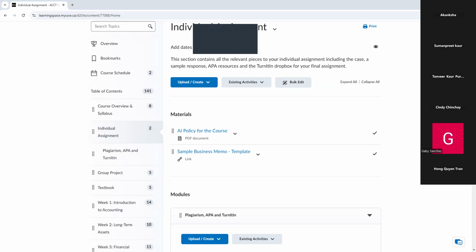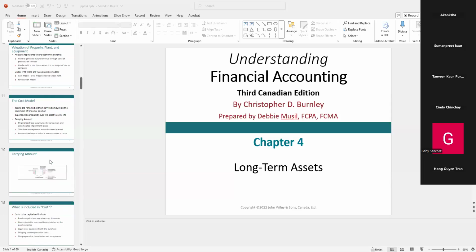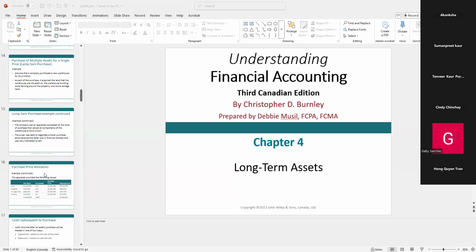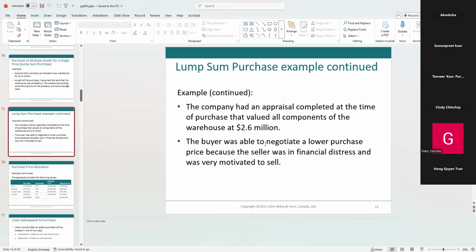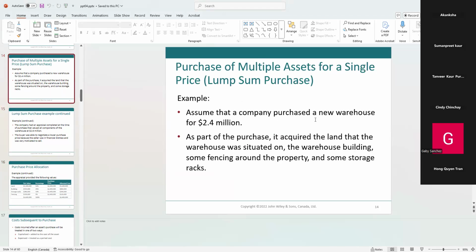I want you to apply your knowledge from the second week, chapter 4, in terms of coming up with the cost, when you purchase something below the fair market value of the assets that you're purchasing.